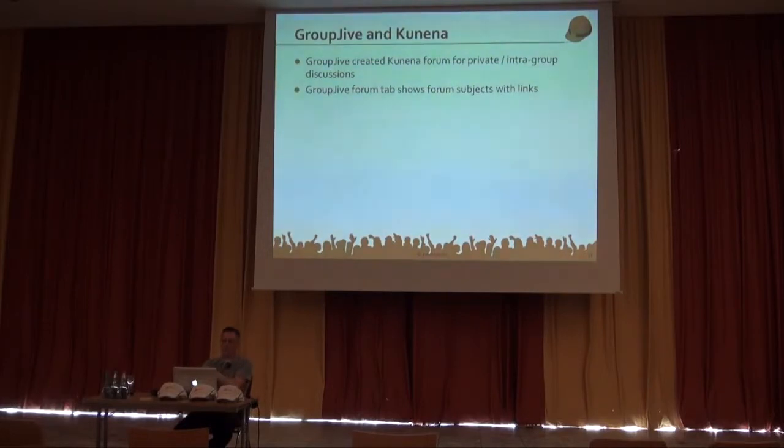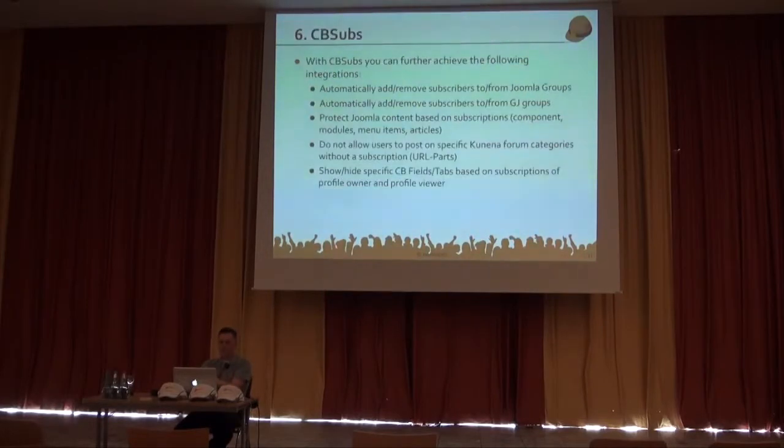Okay. So I've talked about GroupJive and Kunena, GroupJive and uddeIM. I'm not going to go through CBSubs. I'm just going to go through a list and tell you what further features you can have. With Community Builder, CBSubs is a paid subscriptions solution. You can automatically add or remove subscribers to or from Joomla groups.